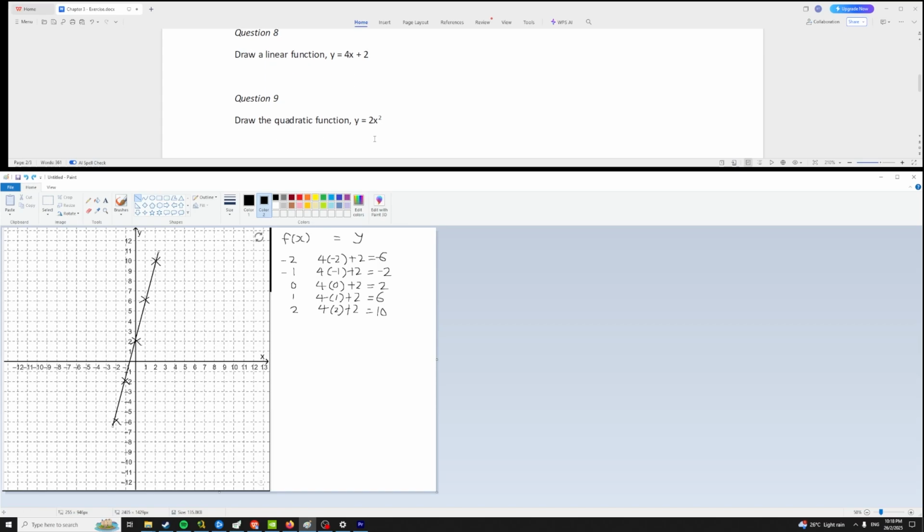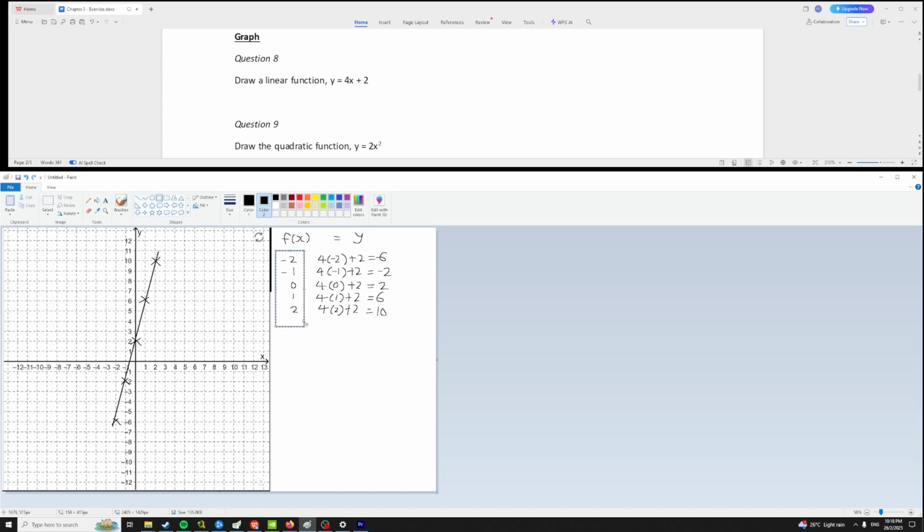Then we move on to the next section, because all of these are actually very similar. For example, question 9: you just replace x with -2 and see how much you get for y.